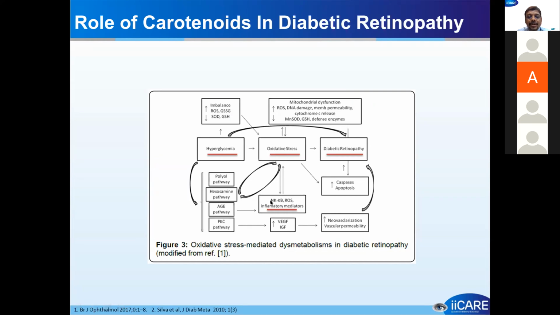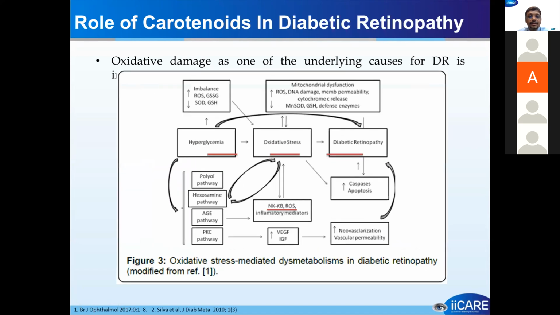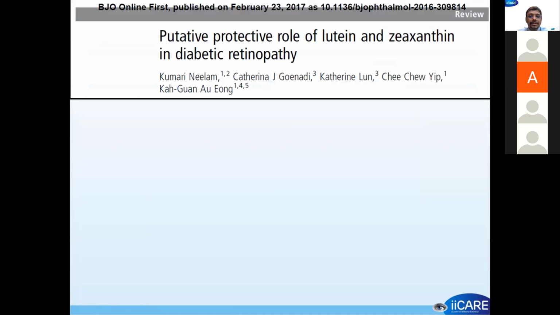Then the inflammatory mediators again cause oxidative stress. So this vicious cycle is responsible for the development of diabetic retinopathy. And if we can control this mechanism, that is helpful in controlling the progression of diabetic retinopathy.